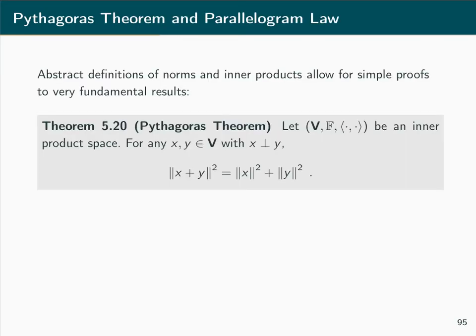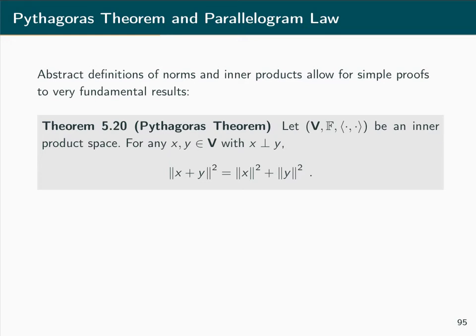On this slide, we will look at two very fundamental results, namely the Pythagoras theorem and the Parallelogram law, and show that they hold in a very general setting, namely on any abstract vector space. So let's start with Theorem 520, which is the Pythagoras theorem. So let V be any general inner product space.